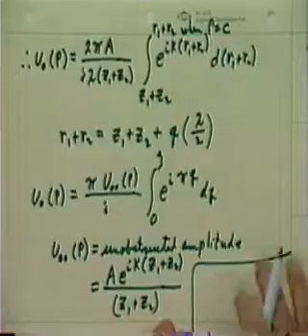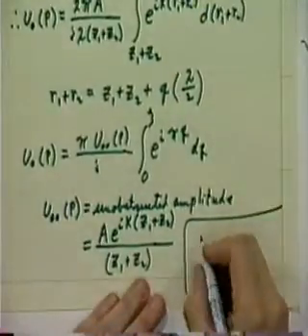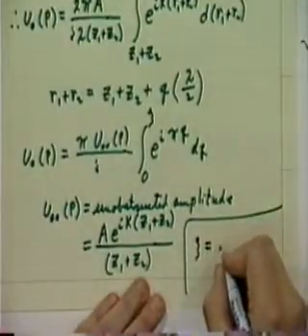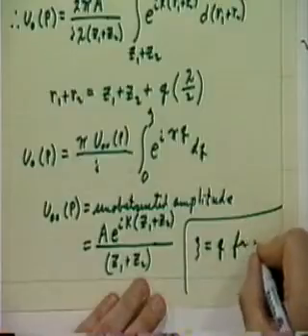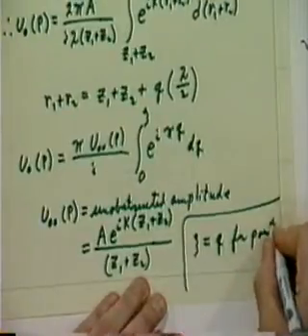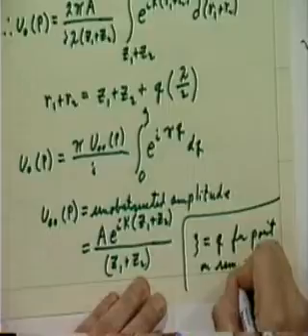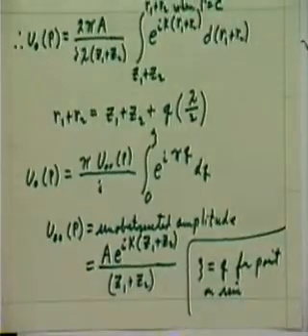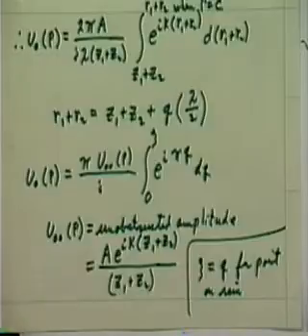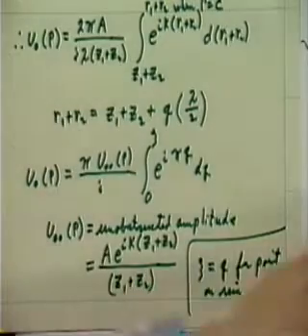Where squiggle is equal to q for a point on the rim. Don't know what it is. Maybe an integer, may not be an integer, some number, that's all I know. Anyway, so we've gotten that far.